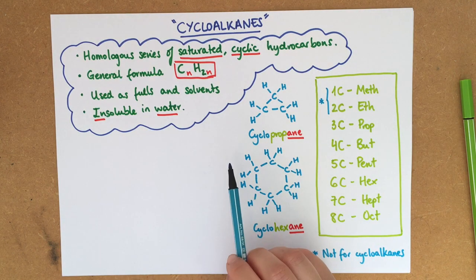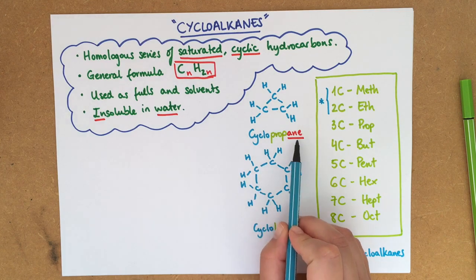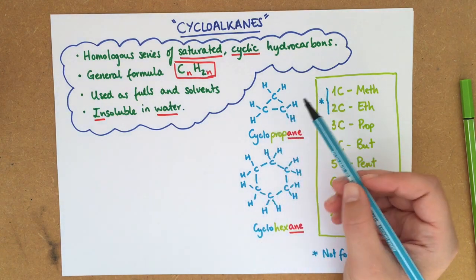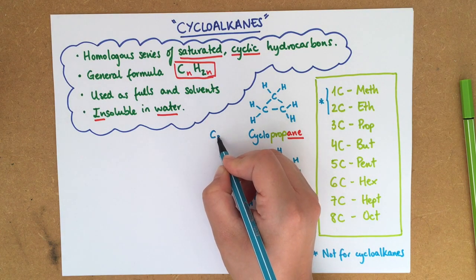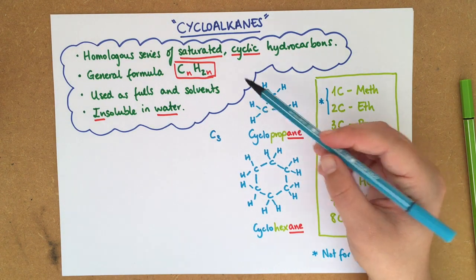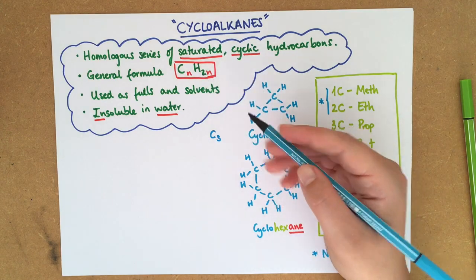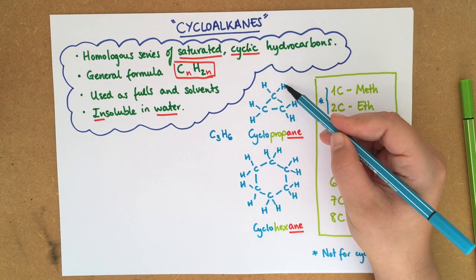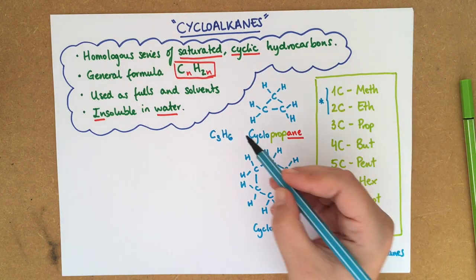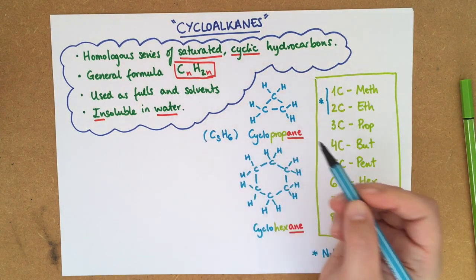So if we try to make the general formula for cyclopropane, we have to count the carbons, 1, 2, 3, so it would be C3H, we know it's going to be double, so we know it's going to be H6, but we can count them, 1, 2, 3, 4, 5, 6 for cyclopropane.